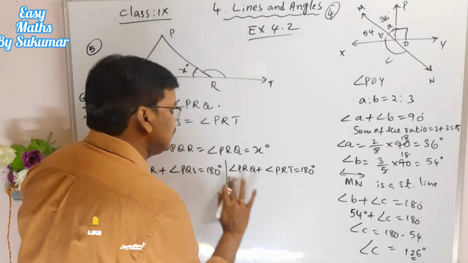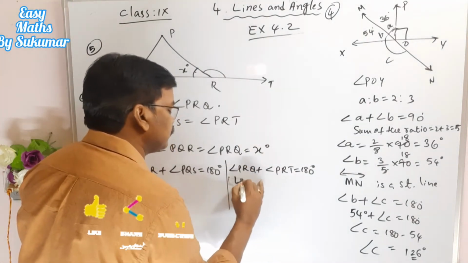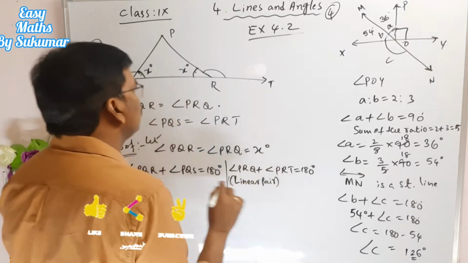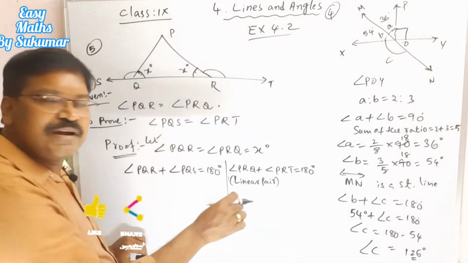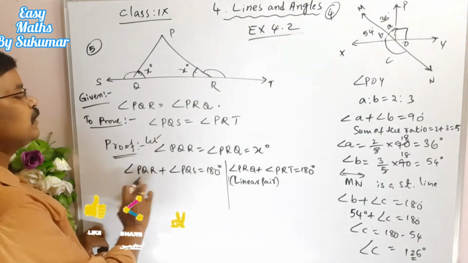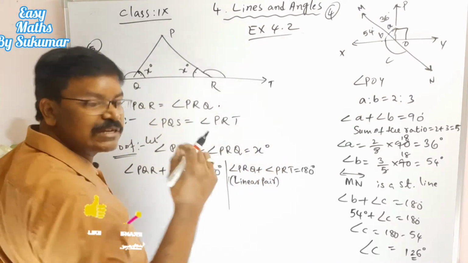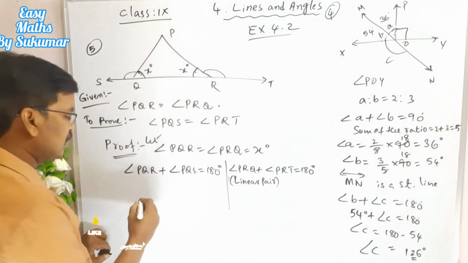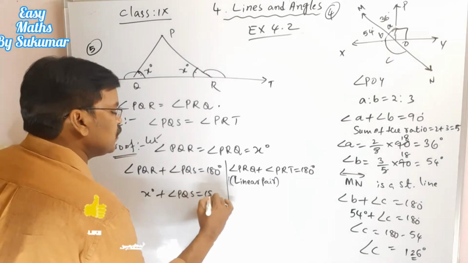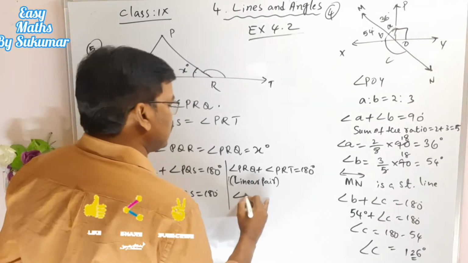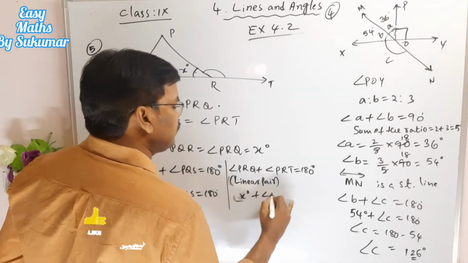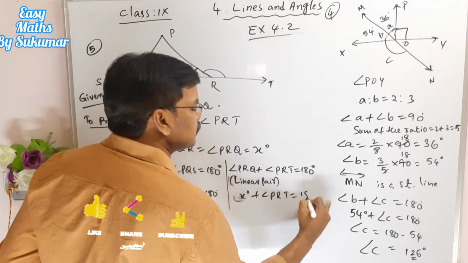I will write here linear pair. Therefore, these two sum is 180 degrees, and this two sum is also 180 degrees. But angle PQR and angle PRQ are both x degrees. That means x degrees plus angle PQS is equal to 180, and here also x degrees plus angle PRT is 180 degrees.